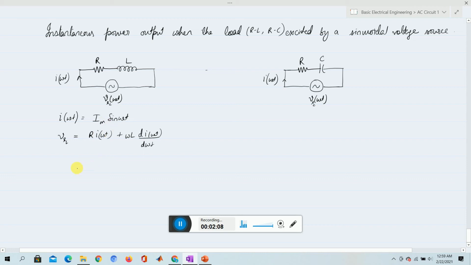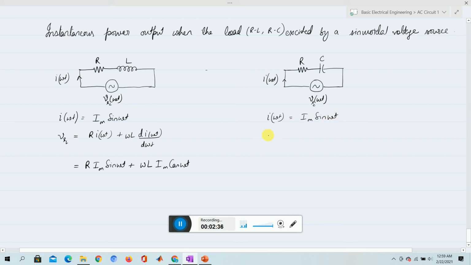When I substitute the value of Im here, this will be R Im sine of omega t, and this side will be omega L, the derivative of sine being cos, so Im is written as it is, times cos omega t.